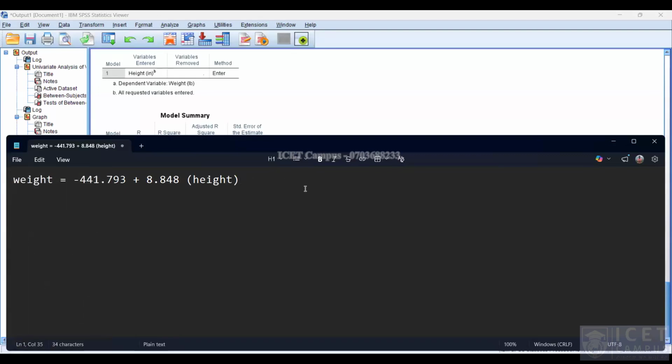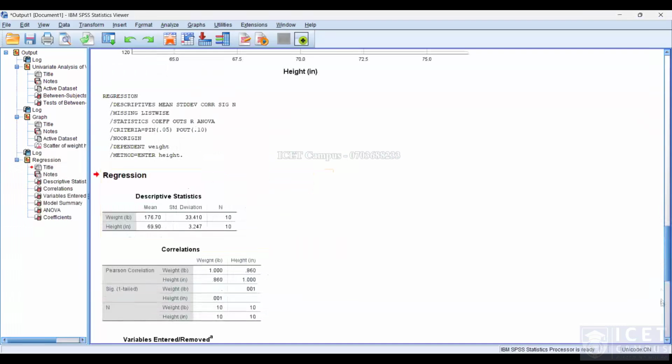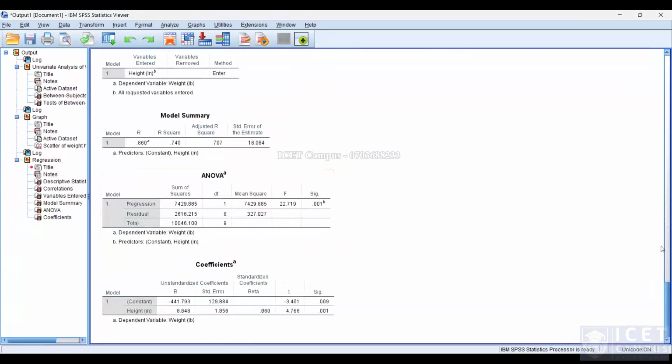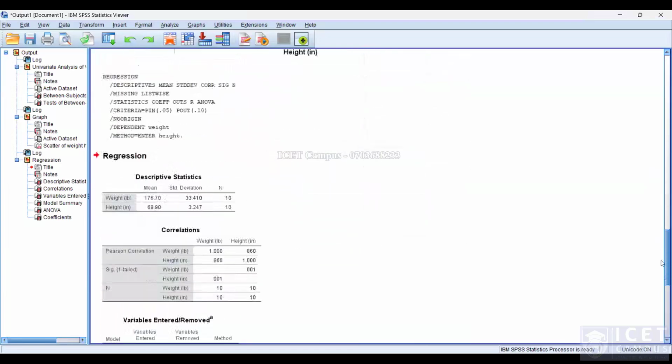For an example, suppose we need to predict the weight of a person. If the height of that person is, so we'll see the mean value to take the value. Mean value is 176.